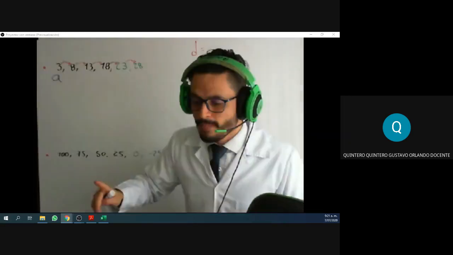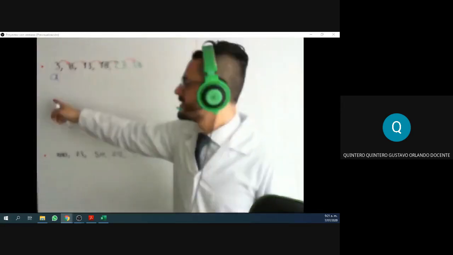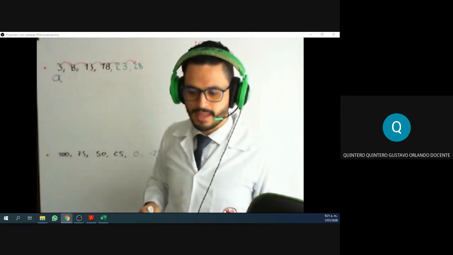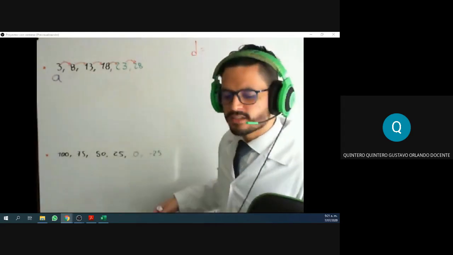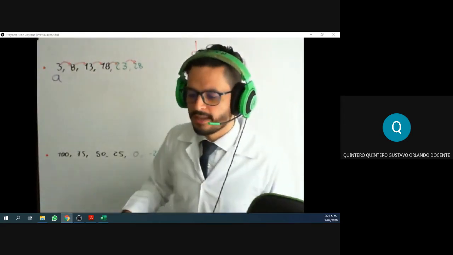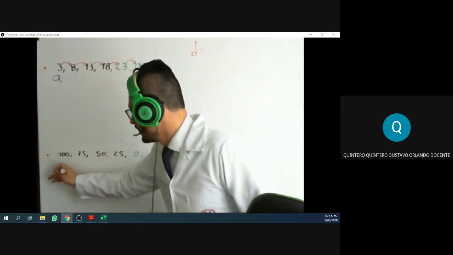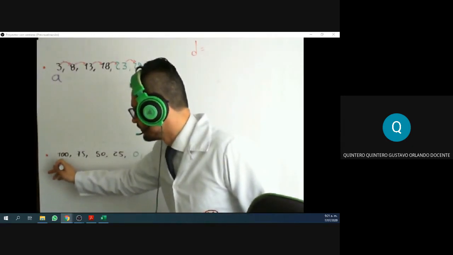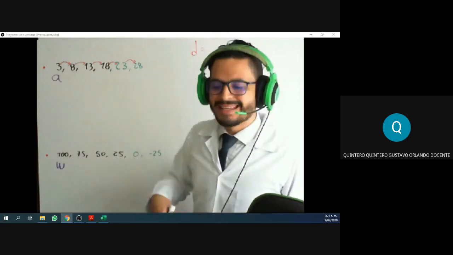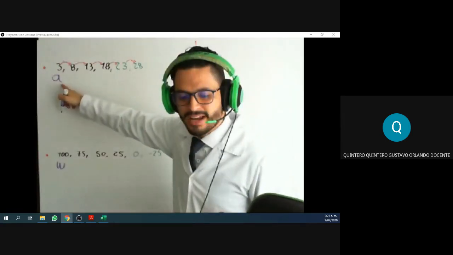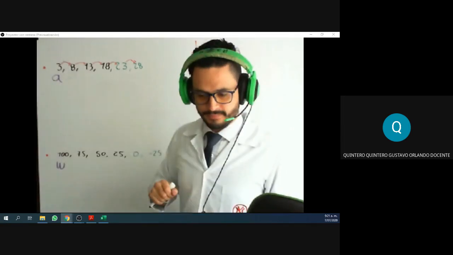So right now, this sequence is the sequence A. Let's say that I want this sequence to be called the sequence W. So the first position will be the position W. The name of the sequence is given by the letter we are using.